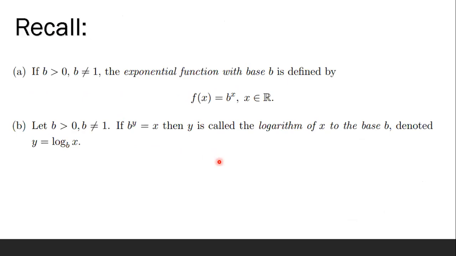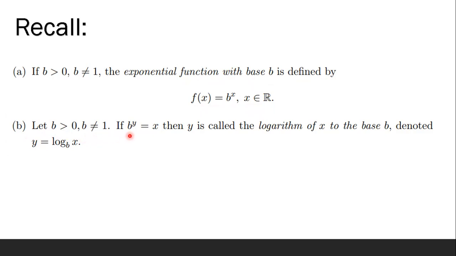this definition. If b is greater than 0 and b is not equal to 1, the exponential function with base b is defined by f of x is equal to b to the x, where x is an element of the real numbers, and we let b be greater than 0 and b should not be equal to 1.